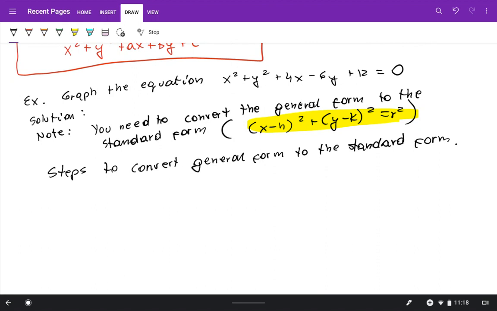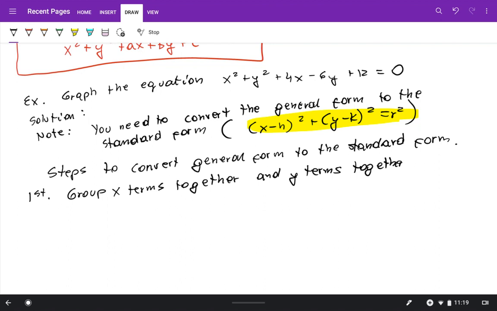So first, what you're going to do, first, group x and y together, group x terms together, and y terms together, okay, so this is what we're doing first.